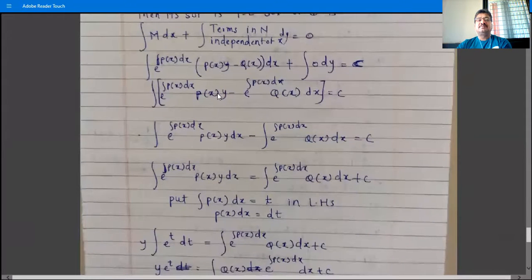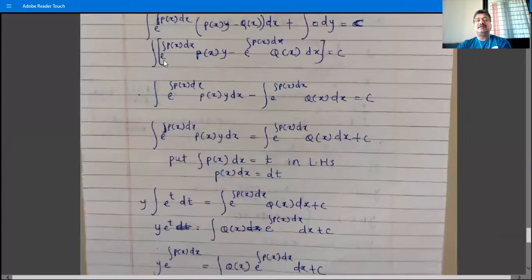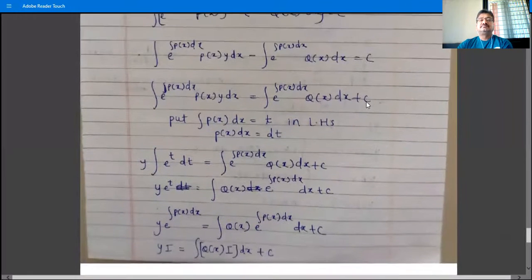Now multiply this e raised to integration P dx into the bracket, and split the integration, since the integration of a subtraction is the subtraction of the integrations. So integration of e raised to integration P dx times Py dx minus e raised to integration P dx times Q dx is equal to a constant.